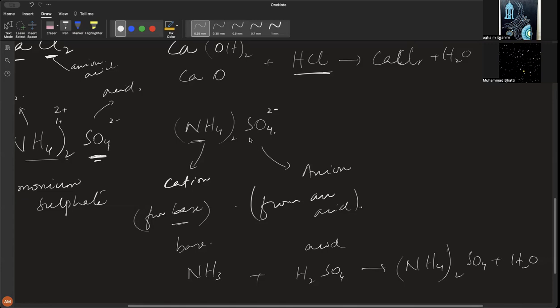We are saying that this is a salt, right? This is a salt which is called ammonium sulfate. Whenever we look at a salt, the salt is going to have a cation and an anion, right? So when we look at the anion, we know that anions are always coming from the acid.